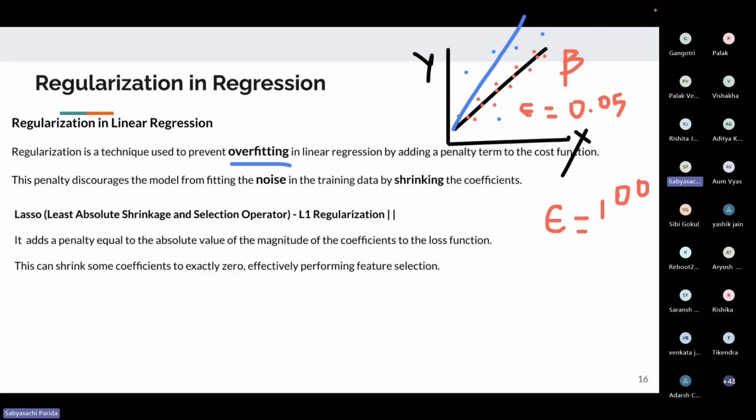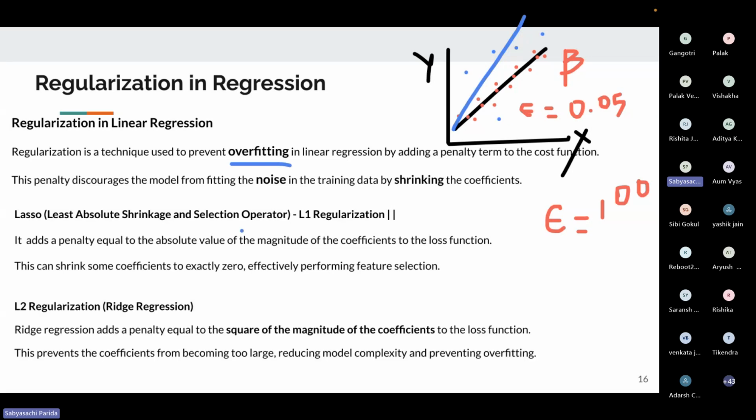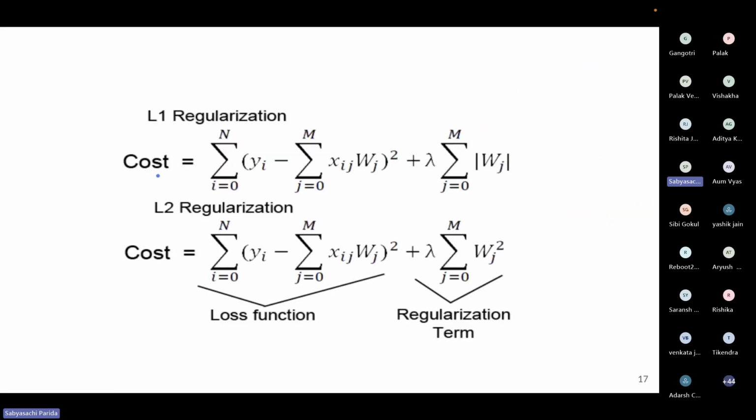One thing, in the case of linear regression, is the L1 regularization, or the other is the L2 regularization. In L1 regularization, we add a penalty equal to the absolute value of the magnitude of the coefficients to the loss function.